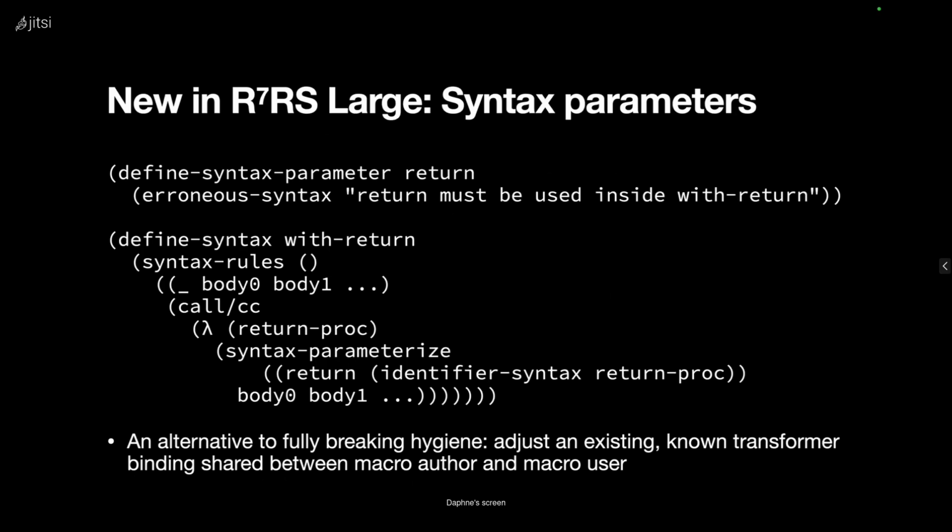So the way that it works is that if I were to use this version of with return, I don't only export with return itself, I also export a syntax parameter which is actually called return. That means we have a shared binding between the macro author and the macro user, and the macro definition can actually just adjust that binding that we already have in common. Instead of creating a new one, just change what it means to point to this return procedure that I'm going to create.